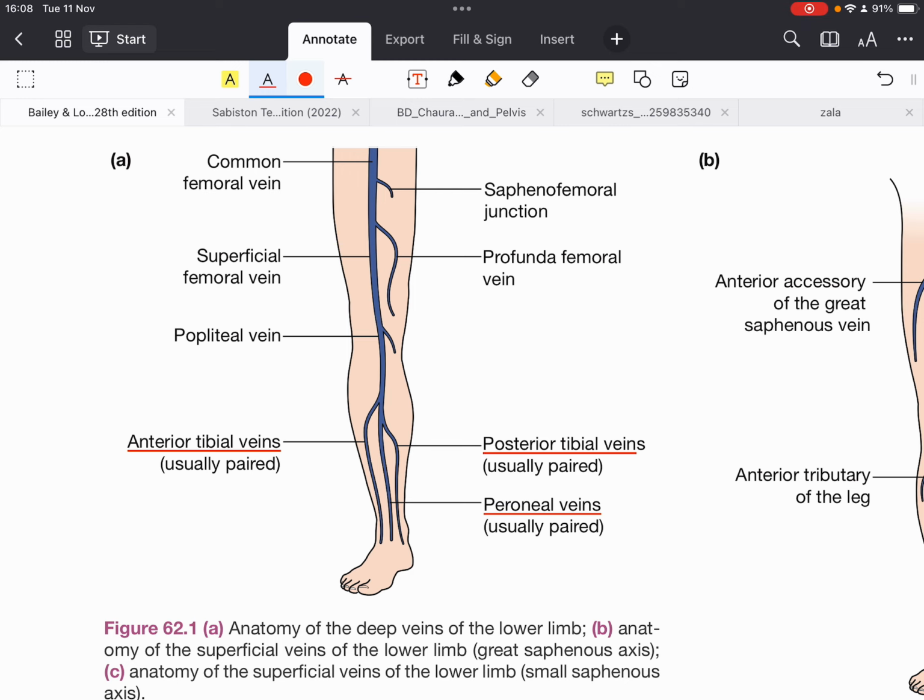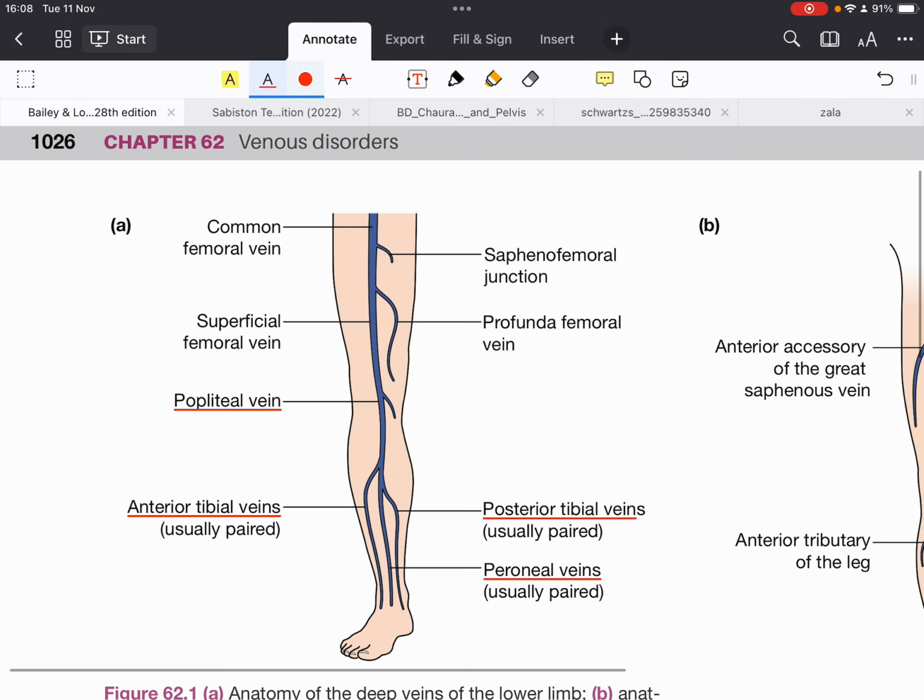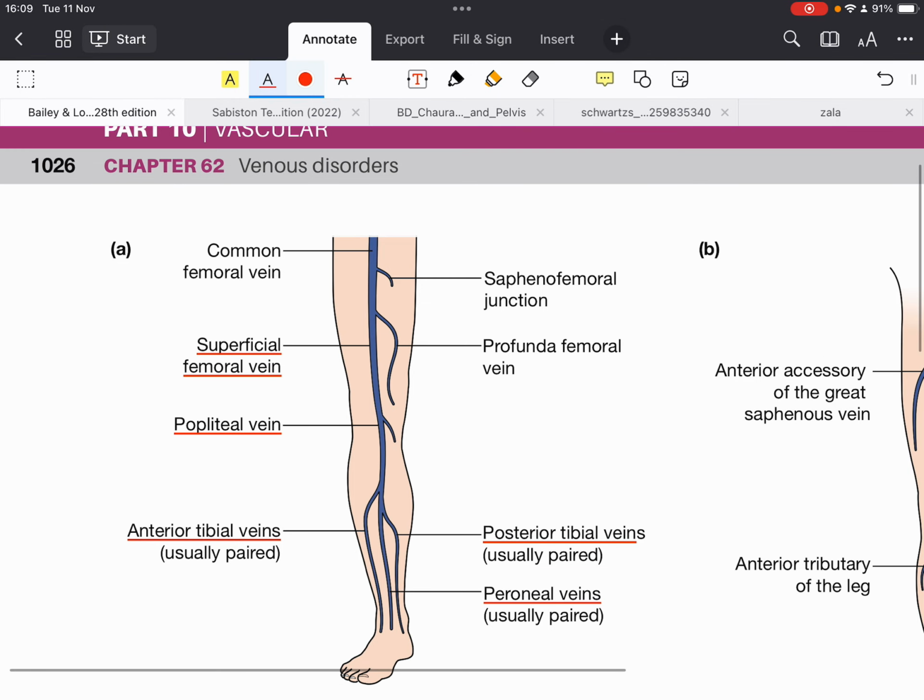These combine and make the popliteal vein. The popliteal vein goes up, and above the popliteal fossa it is the superficial femoral vein, which then combines with the profunda femoral vein. Then it is called the saphenofemoral junction, saphenous vein, and above this it is called the common femoral vein.